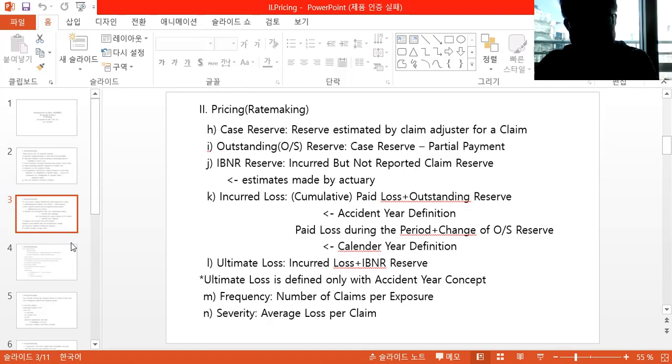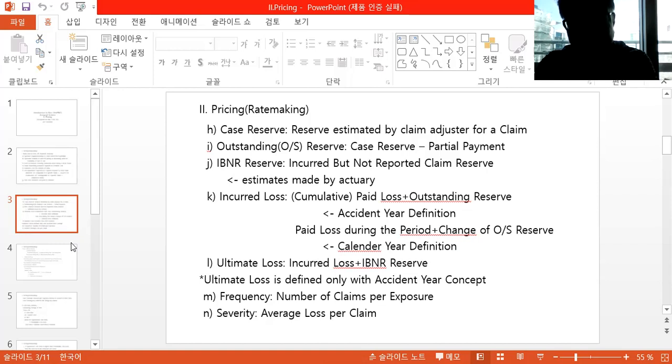And then the next one is called incurred loss. That's cumulative paid loss plus outstanding reserve, which is based on the accident year concept. But there is also paid loss during a certain period plus the change of outstanding reserve, which is a concept based on the calendar year definition.